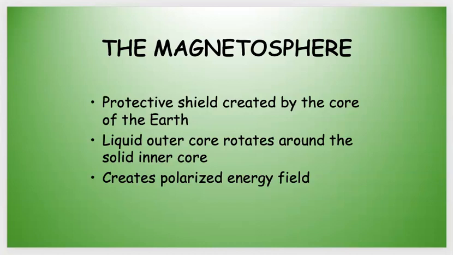Neat thing about the magnetosphere is that, at least according to the rock record, which doesn't lie but can be up for interpretation, the North and South Pole, or the polarity, reverses itself every couple 100,000 years.